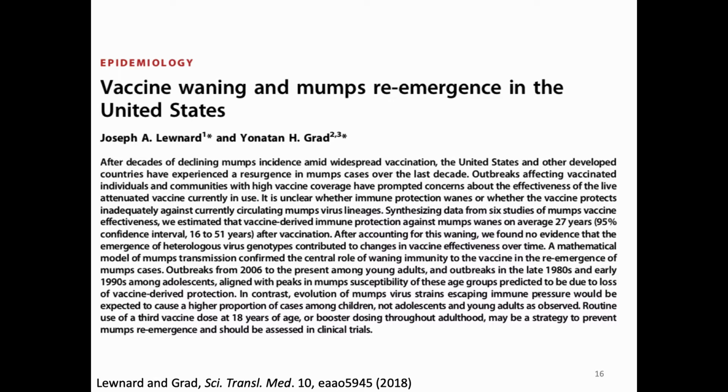So if you get the mumps, you get infected with this virus, the virus causes disease, and then you recover. The virus is completely cleared from your body. You have no more mumps virus. The mumps virus is just gone forever from your body. And you make a really nice immune response. So it's kind of like the textbook example of all of these things.